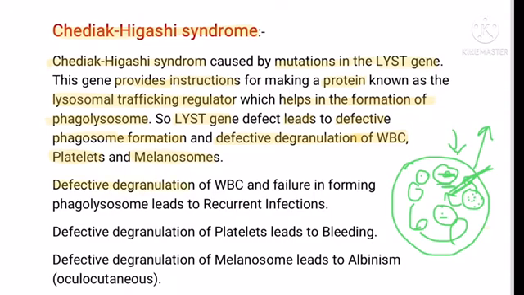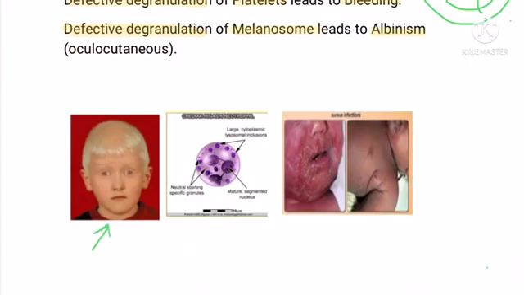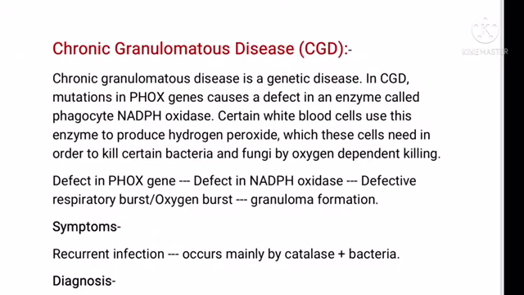Defective degranulation of WBCs and failure in the formation of phagolysosome leads to recurrent infections. Here we can see giant large granules inside the neutrophil, and recurrent skin infections.